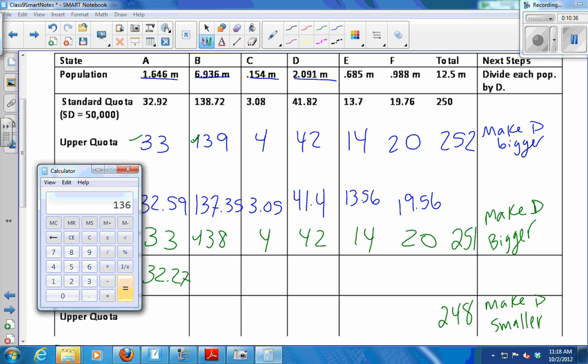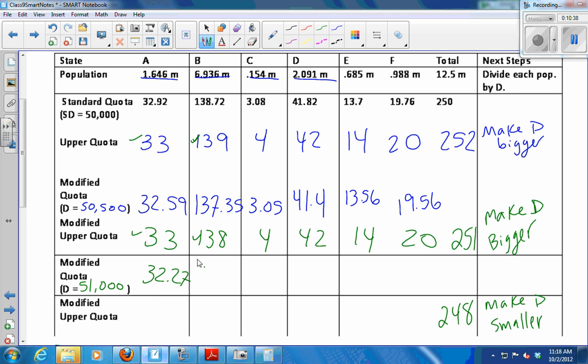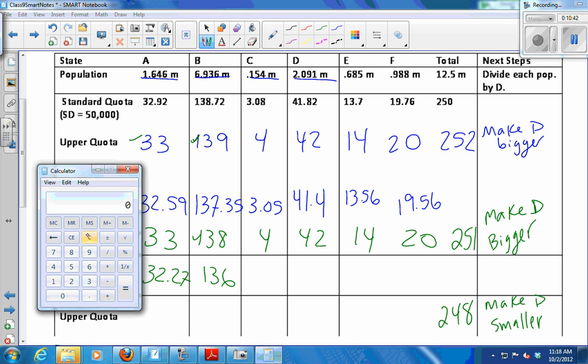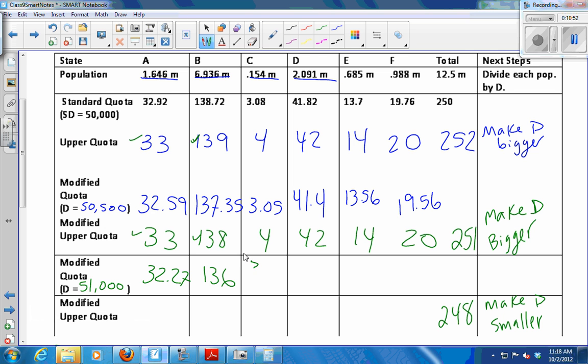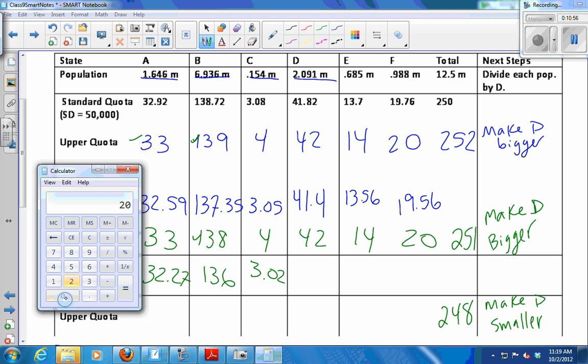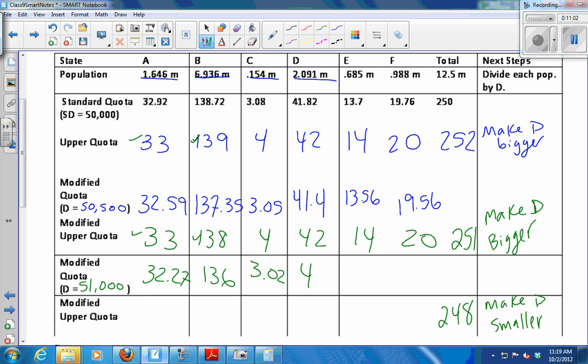Is that right? Yes, we have. 41 exactly.